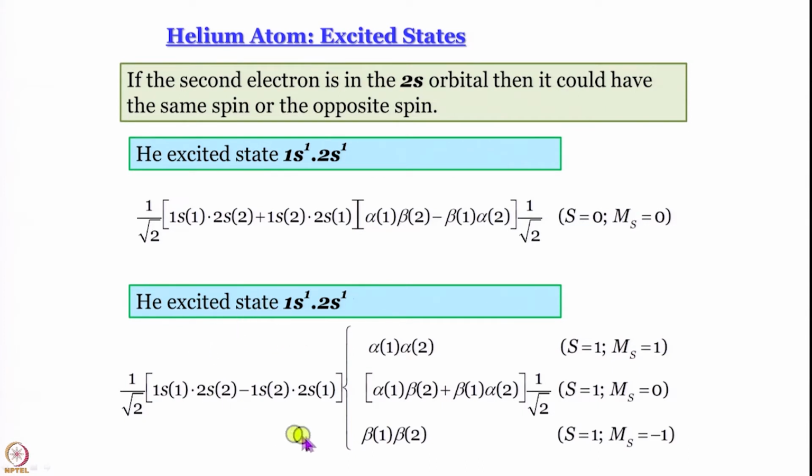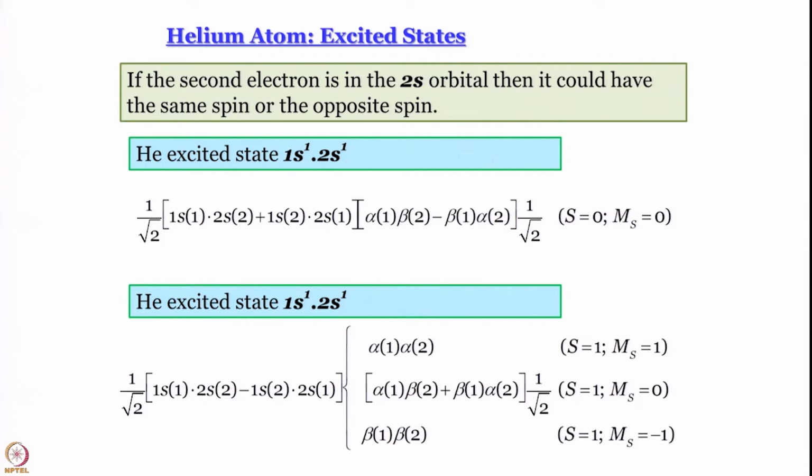From the antisymmetric part, however, since we have 3 symmetric spin parts, I will generate 3 wave functions by multiplying this single spatial part by one of the 3 different symmetric spin parts.